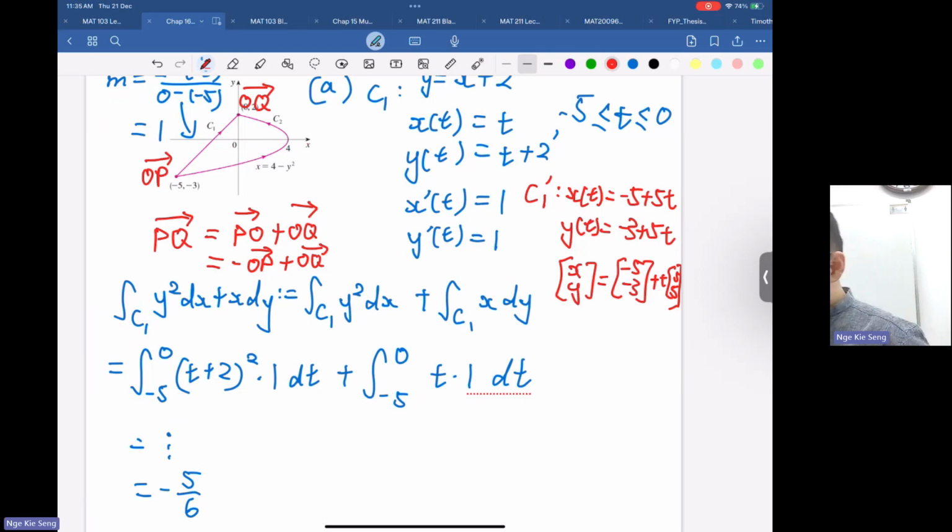Yeah, I think I'm correct. So what is this? Minus OP is what? In our case, it is (5, 3), right? Plus OQ (0, 2). So I get (5, 5). Okay, so this is the direction from P to Q.